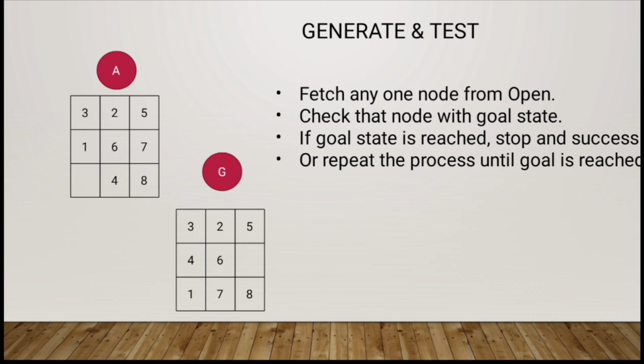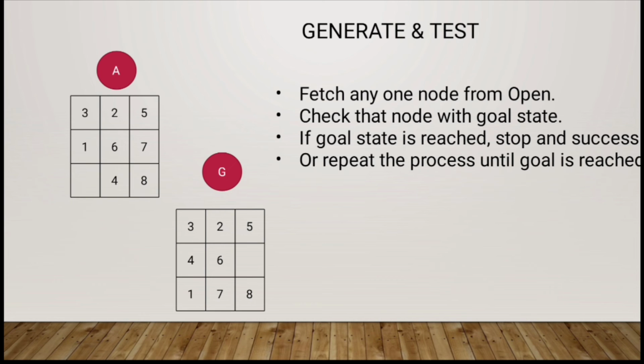If it is not the goal state, then I am going to continue with B, leaving out A. Before leaving A, I have to add the children of A, that is the successors of A, the neighbors of A, into the open list. So the list will contain the successors of the element which has been removed, so that my test will continue until I reach the goal state.